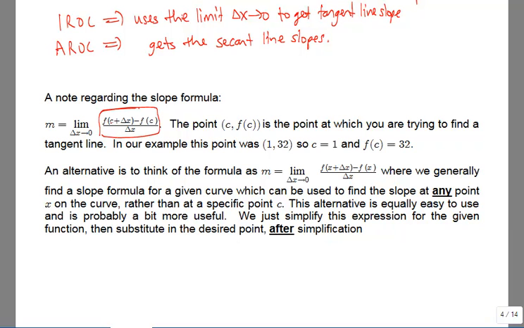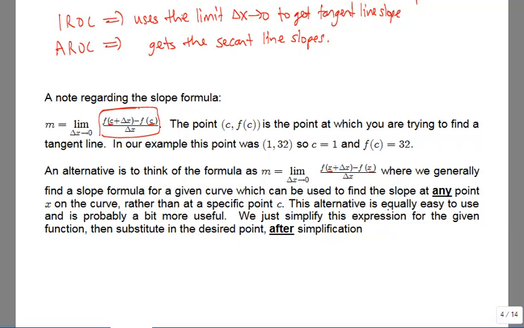So instead of putting c's in right here and right here, we can just replace them with a general x and calculate this slope formula. So an alternative is to think of this formula m using x's, where we generally find a slope formula for a given curve, which can be used to find the slope at any point x on the curve rather than at a specific point c.